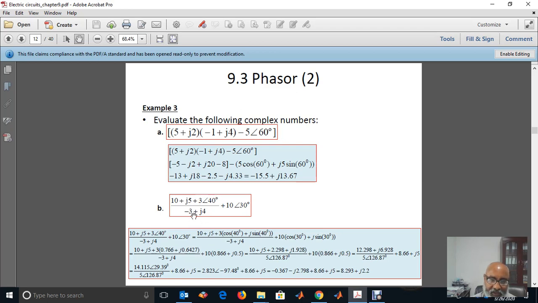After you finish the division, you have polar form here, change it to rectangular, and change this to rectangular and add them together. So for addition and subtraction, we use rectangular form. For multiplication and division, it is better to use polar form. It is easier to use polar form.